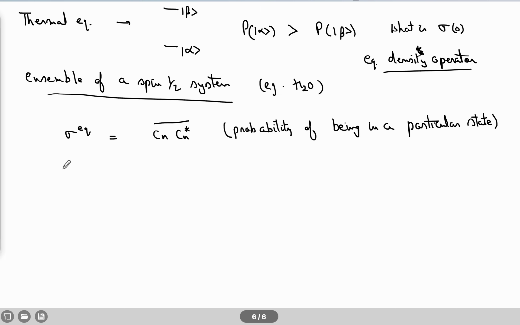Okay, so we can also understand this. Let's consider a spin half state. It's a general state which is, let's say, C alpha alpha plus C beta beta. Any given superposition state. Now the projection operator or the probability density will be given by ket psi and bra psi.